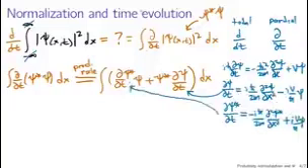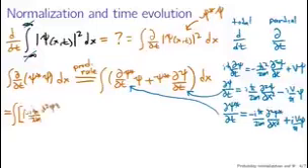And what you get when you make that substitution, this equation isn't really getting simpler, is it? It's getting longer. What you get is the integral of something. I'll put an open square bracket at the beginning here. I've got this equation, minus i h bar over 2m, second partial derivative of psi star with respect to x squared, plus i V over h bar psi star, that's multiplied by psi from here.